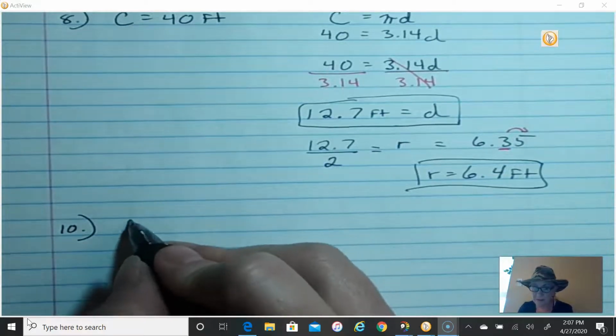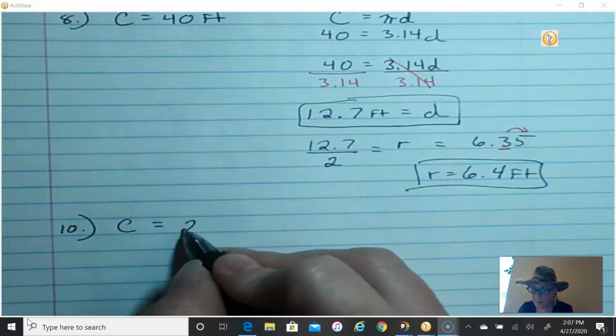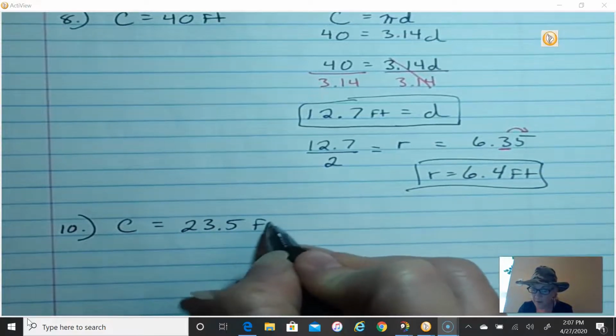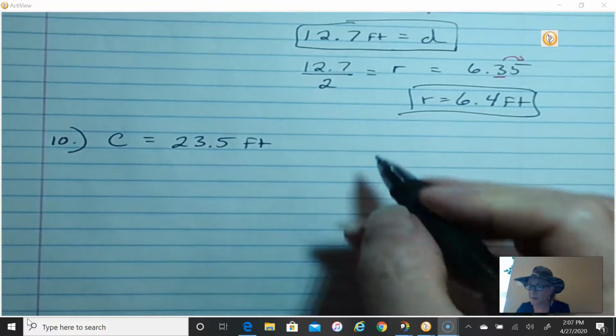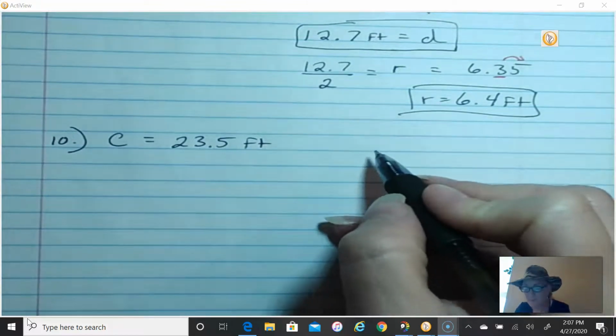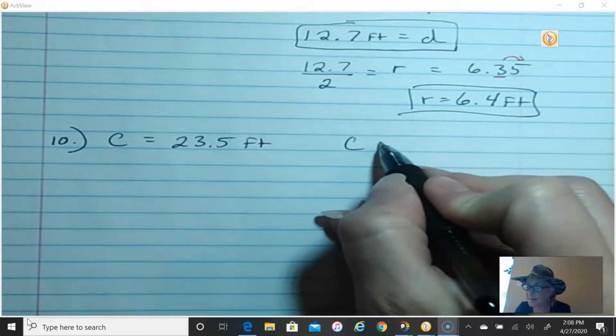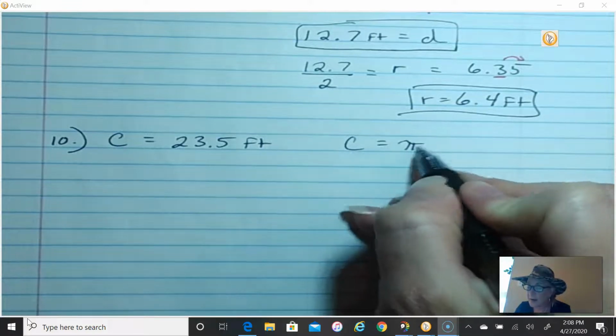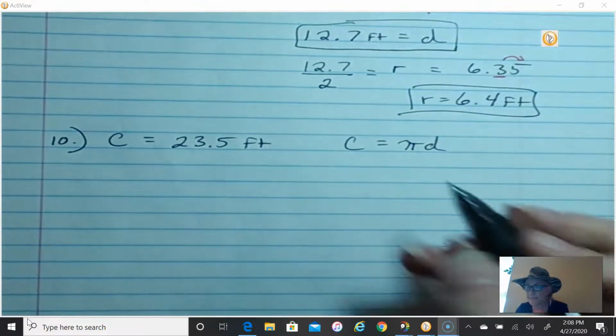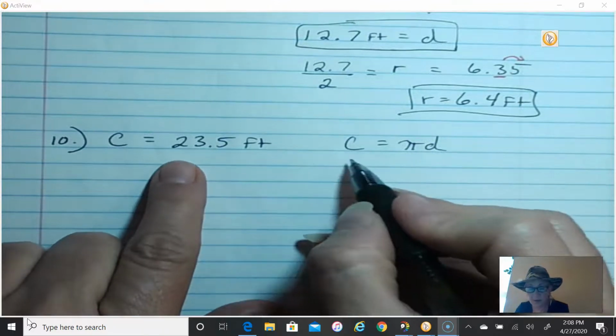All right, they tell us that the circumference is 23.5 feet. All right, let's start plugging in the information. C equals pi times D. C, we're going to plug in the information.